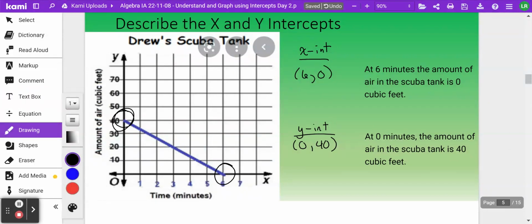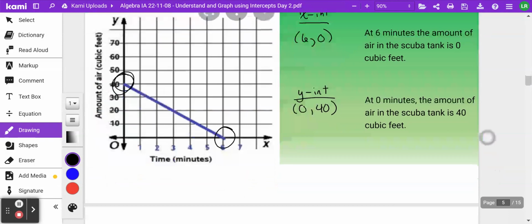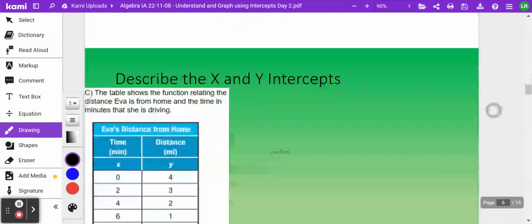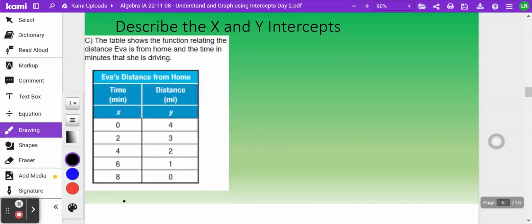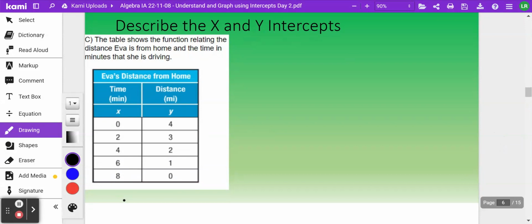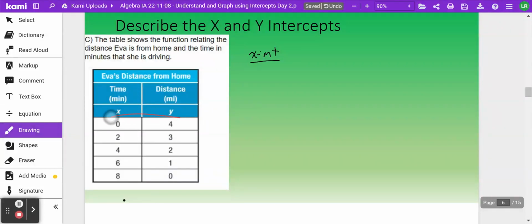Okay. Last type where we're having to describe is on this table. So go ahead and pause the video and try to find your x and y intercepts for this table. Okay. Now, remember, we're looking for zeros when we do this, and there are 2 spots where we see zeros in this particular one, the top one and the bottom one.